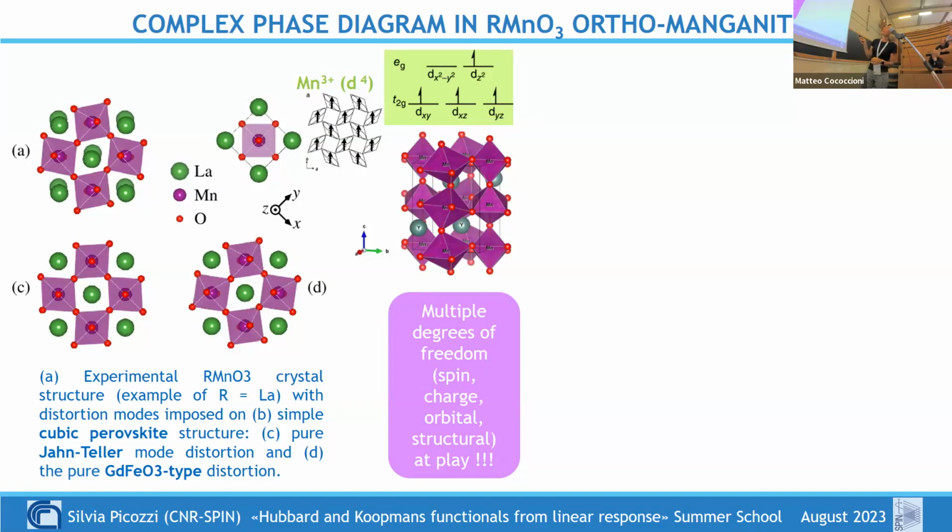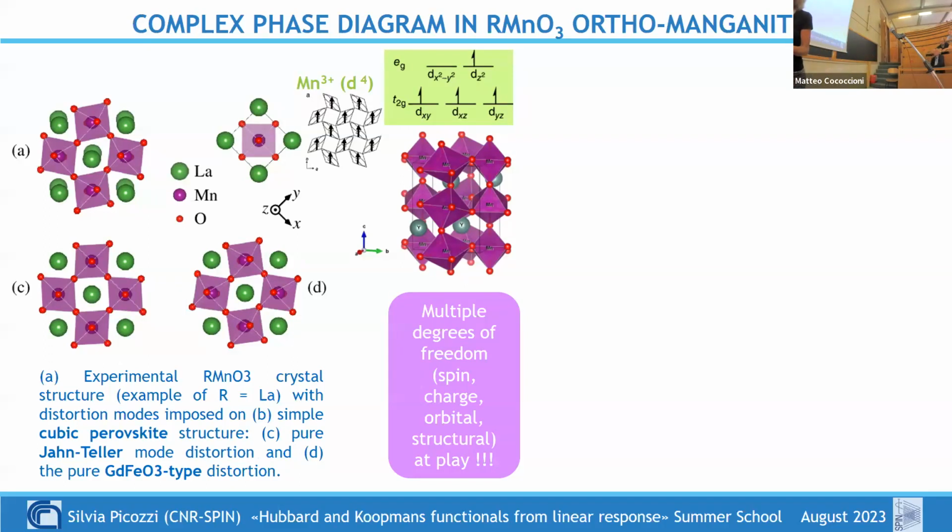Then manganese: oxygen is 2-, the rare earth is usually 3+. Manganese is d4, so you have a Jahn-Teller ion, and Jahn-Teller gives a distortion. You have an orbital order, which is a staggered orbital order, and your EG becomes split and occupied, let's say, on x square and y square arranged in a plane.